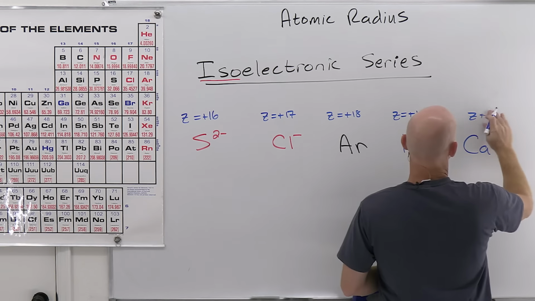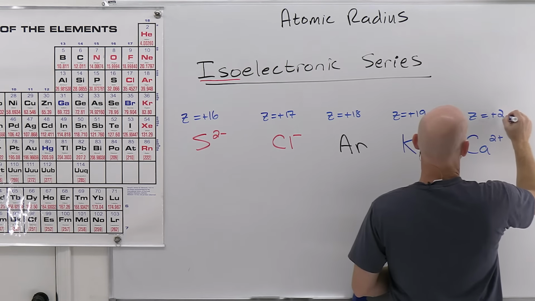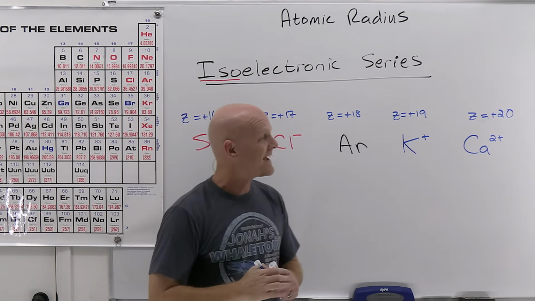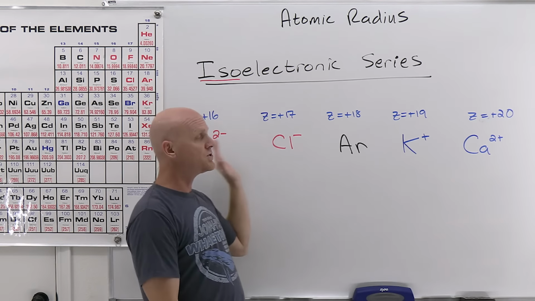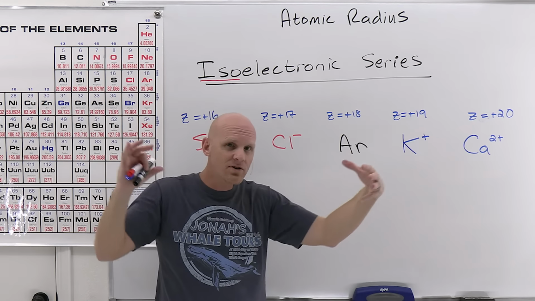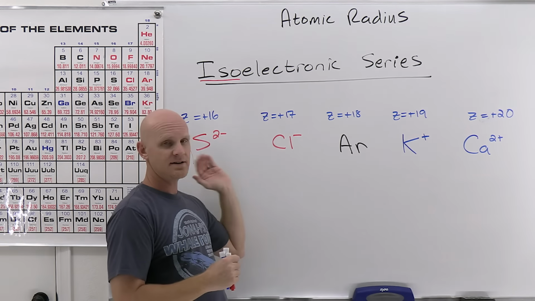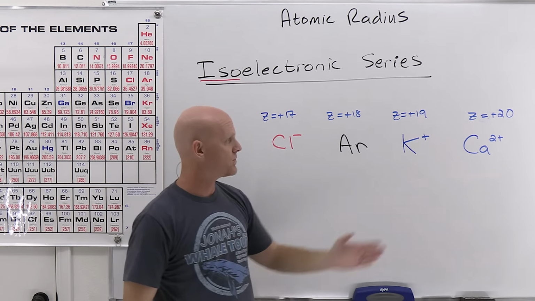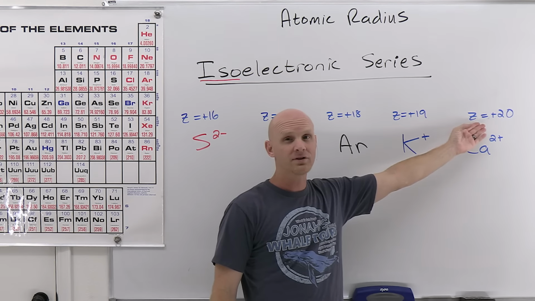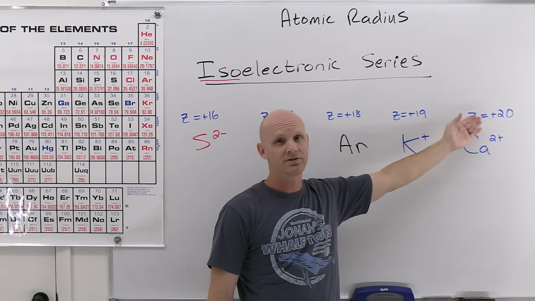And for calcium, +20. And so we see here that calcium's nucleus has the most positive charge. And so the question is, whose nucleus is going to be attracting those 18 electrons in the most? Again, they all have 18 electrons. Well, that's calcium, because it has the most positively charged nucleus, because it has the most protons in its nucleus.